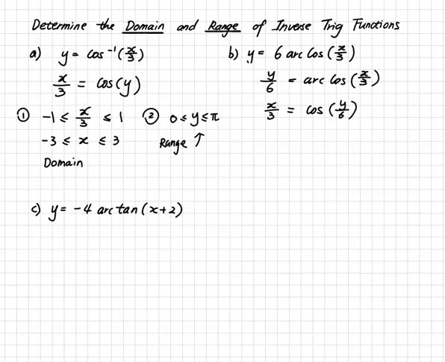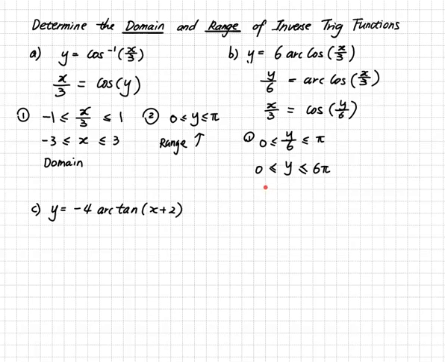Now we know that for the cosine function, the domain restriction is always between 0 and pi. So we know that y on 6 is between 0 and pi, because we want to know what y is, so therefore we times by 6 on all sides of the equation. So 0 times 6 is 0, and 6 times pi is 6 pi.